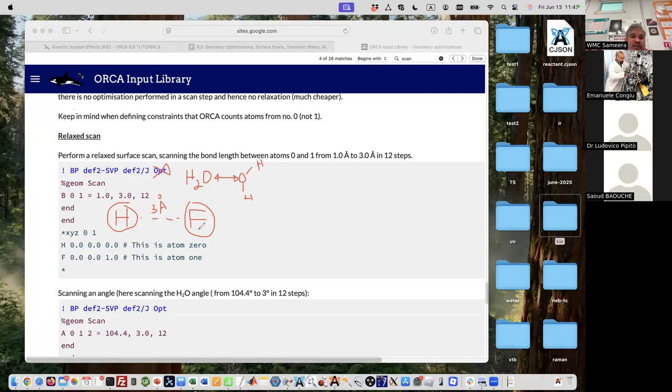But in the HF case, you don't need to worry about that. I'm not really sure, I haven't done this job, but in principle we don't need OPT in this case, because it's simply 2 atoms. Without OPT, the algorithm may work or may not work. I don't know, you should try.